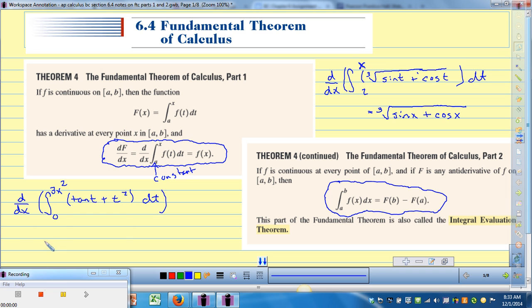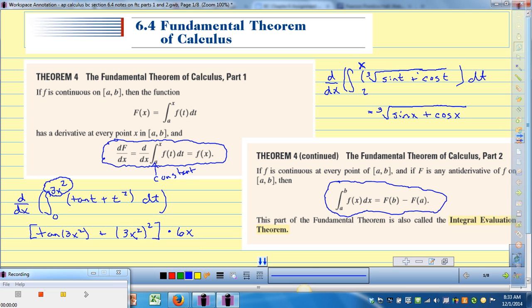It is evaluated at 3x squared, so we get tangent of 3x squared plus what? 3x squared, squared, but there's more. We need our chain rule. And applying a chain rule means that I'll multiply by what? The derivative of the inside, which is this. So times what? 6x. Good.